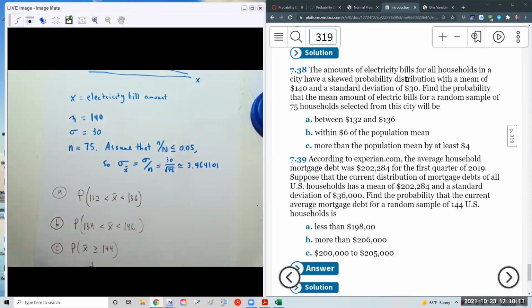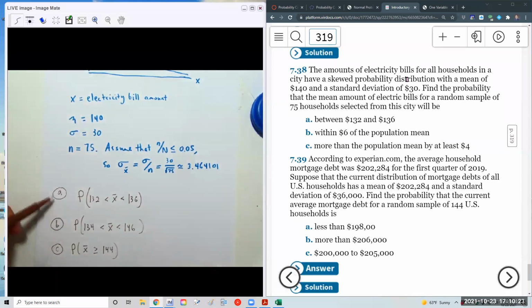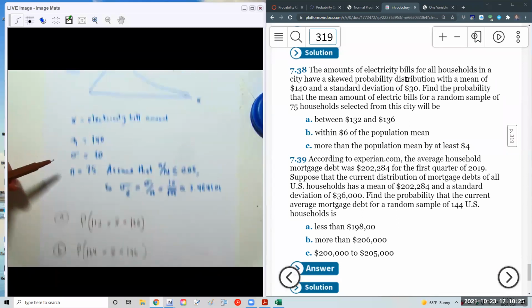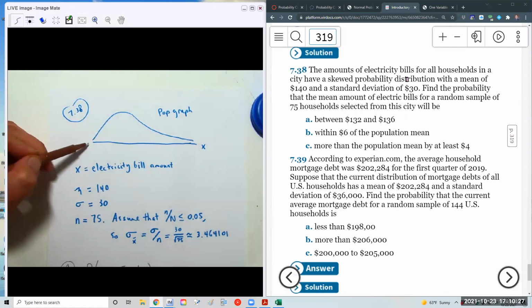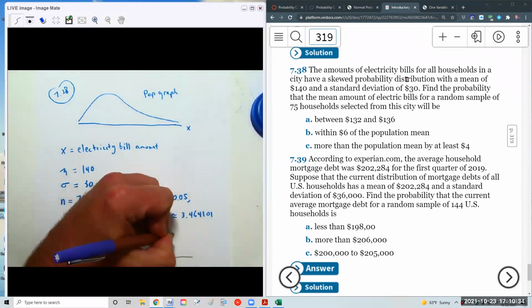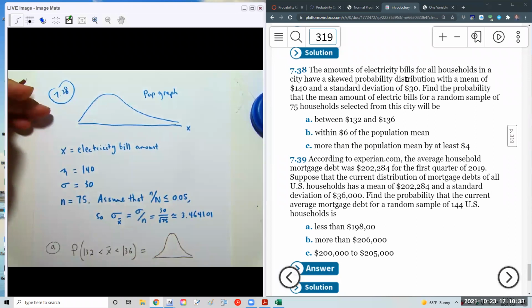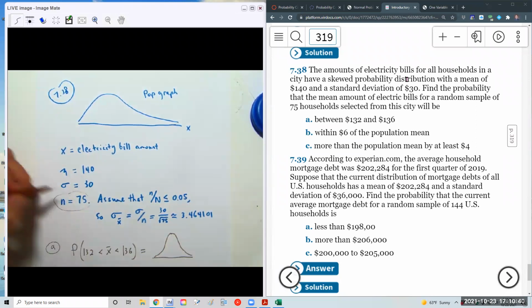And to get these three probabilities, we are going to go over and use the calculator. When we use the calculator, we're not going to use the population graph, right? Rather, we're going to be using the graph of the sampling distribution, which we know is normal since the sample size is greater than 75.